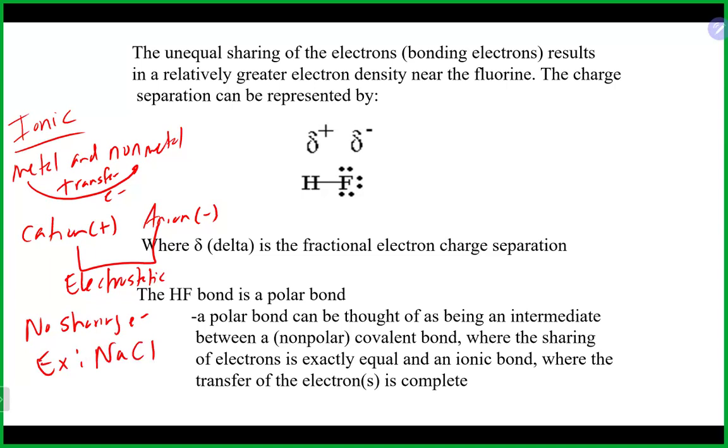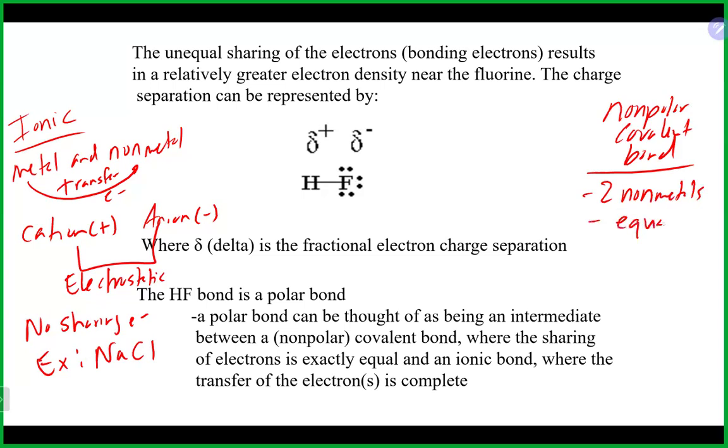On the other end of the extreme, you have a nonpolar covalent bond. And that is always between two nonmetals. Here we actually have equal sharing of electrons. And an example would be any of those that we did, H2 or F2.